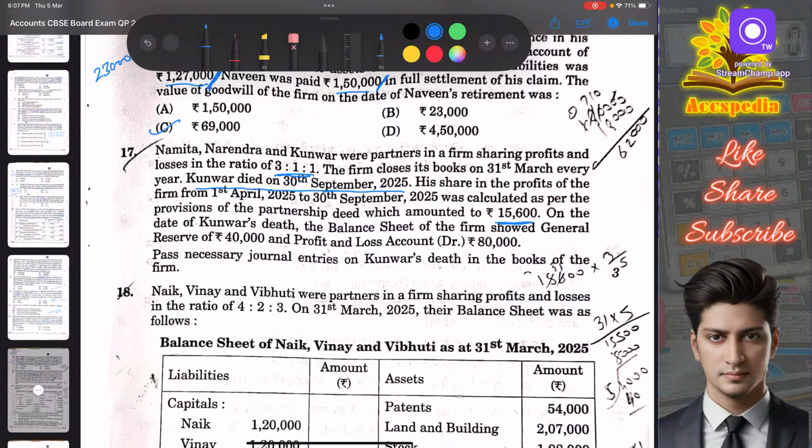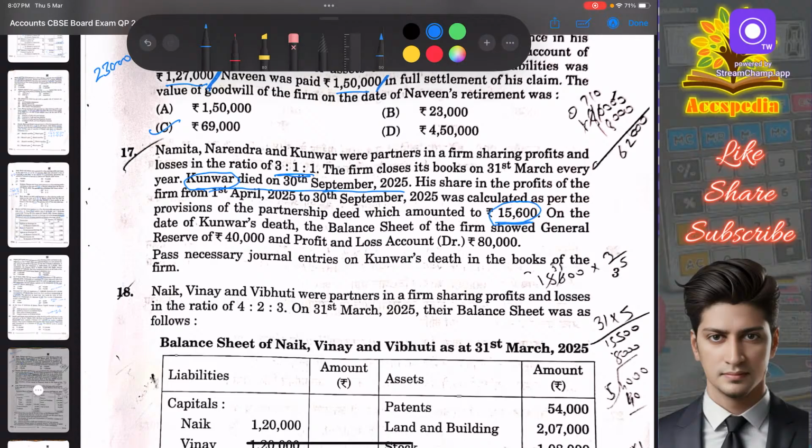Okay, I will tell you the journal entry, because if I write, it will take some time. So the journal entry for this profit: profit and loss suspense account debit to Kunwar's capital account, 15,600. Narration: Kunwar's share of profit is credited to his capital account.